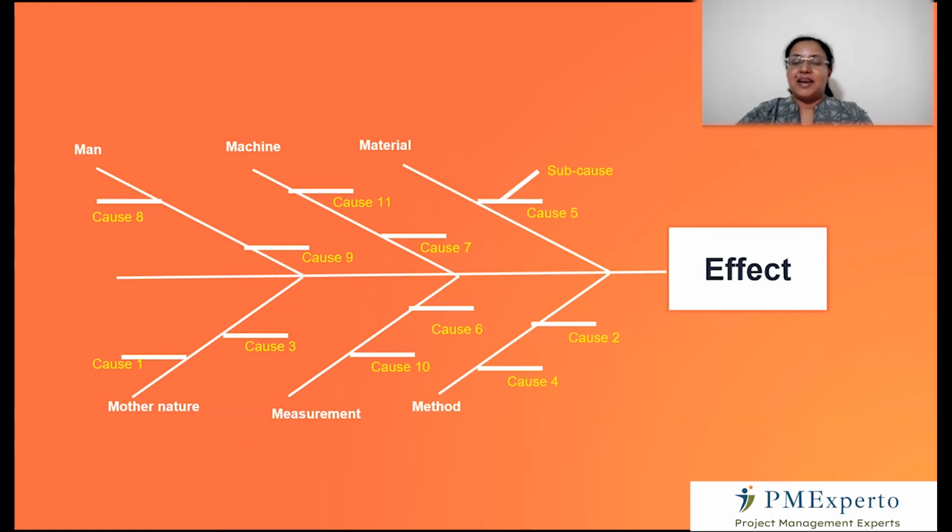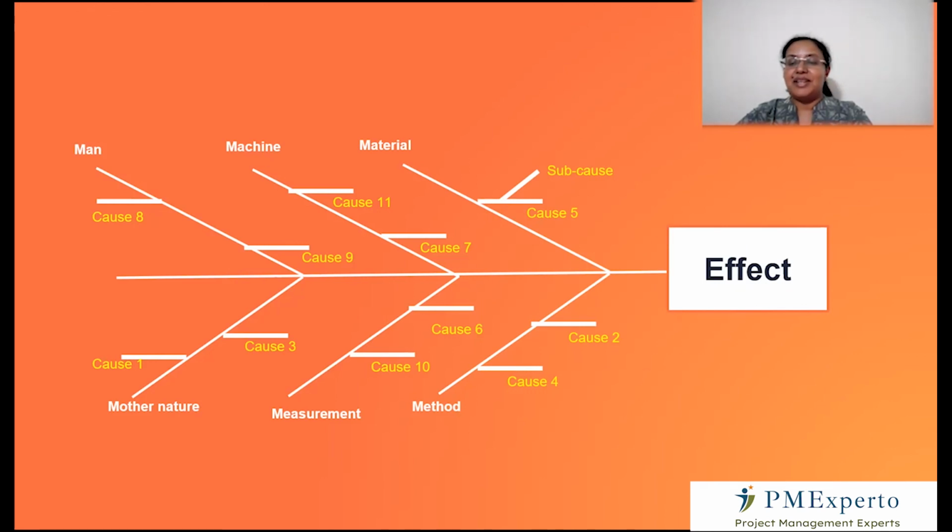All the causes which are collected can be grouped under each of these categories. Once you do that, pick up each cause and try to find a sub-cause. As we said, this should continue to answer our 5 whys. Once the causes are listed out, all we need to do is prioritization, because we may not be able to eliminate or reduce all the causes in one go.